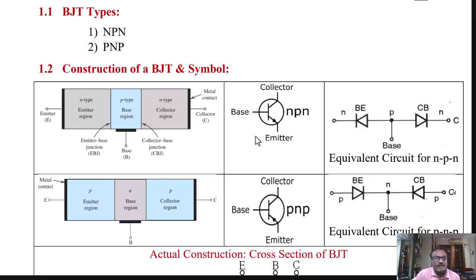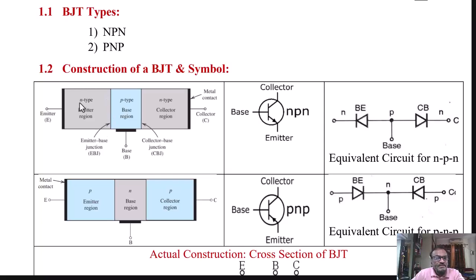Here in the first diagram, the constructional aspects are shown. The figure is for the sake of understanding the construction features, and is not drawn to scale. It consists of two PN junctions, formed by sandwiching P-type material between two N-type materials, forming an NPN transistor.